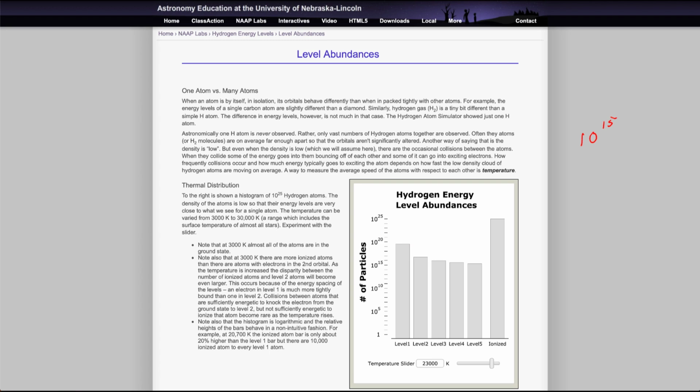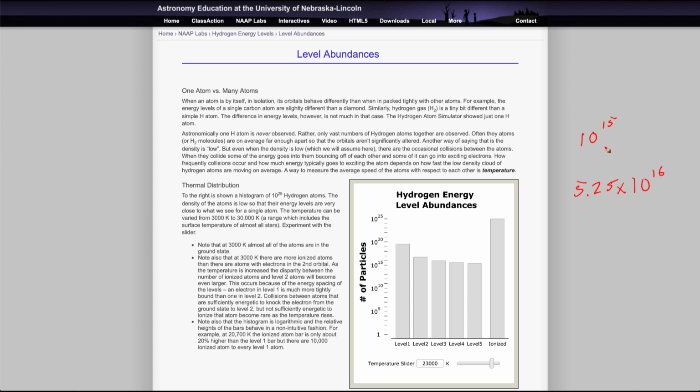If we look here, this value at 2,300 degrees is 5.25 times 10 to the 16th. So let's put that up here: 5.25 times 10 to the 16th power.